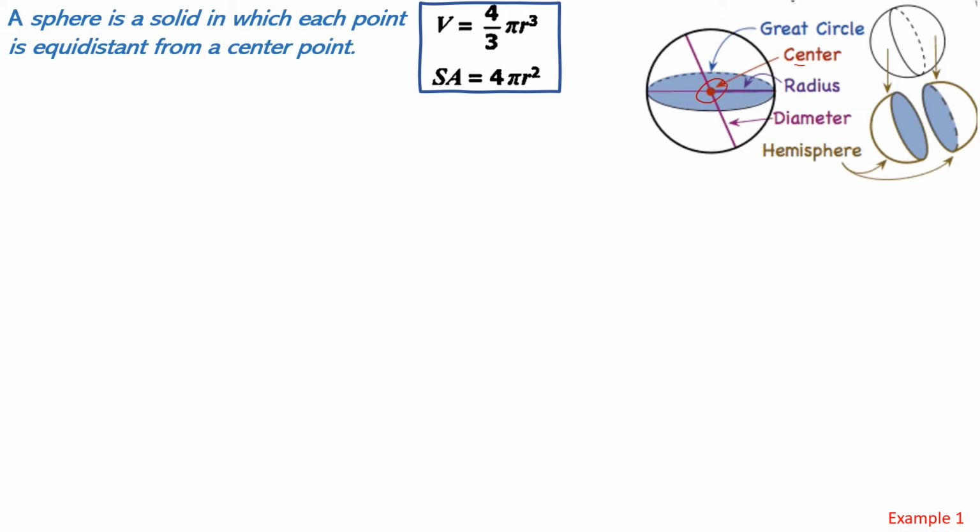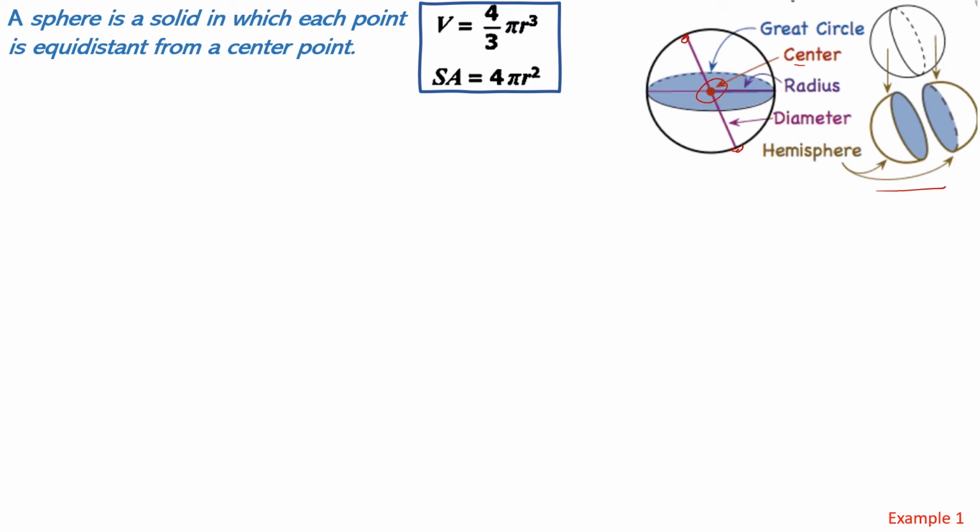The diameter goes from one endpoint to the other of the sphere. And the hemispheres are right here, or they are half circles. So a half sphere is a hemisphere. Think about the Earth's hemispheres, broken into two. So it's a half sphere.